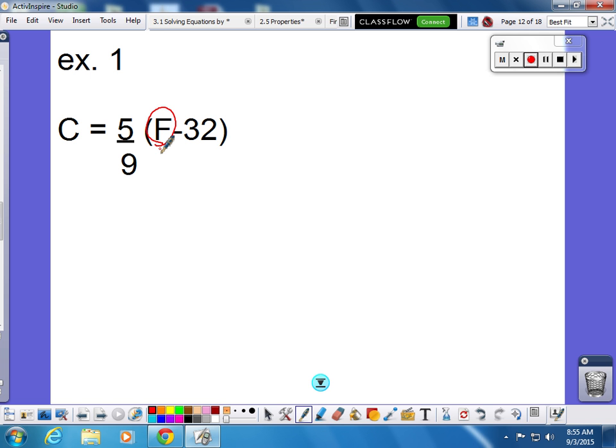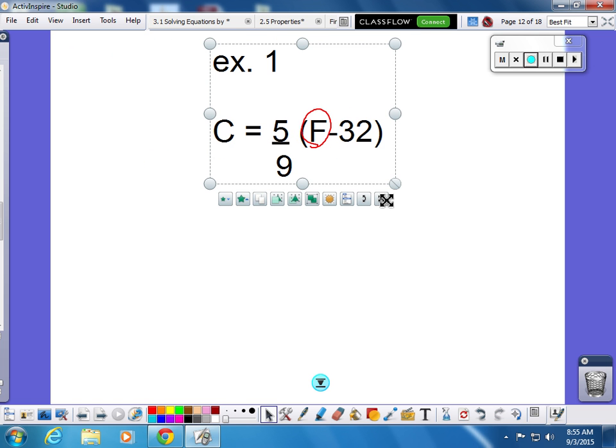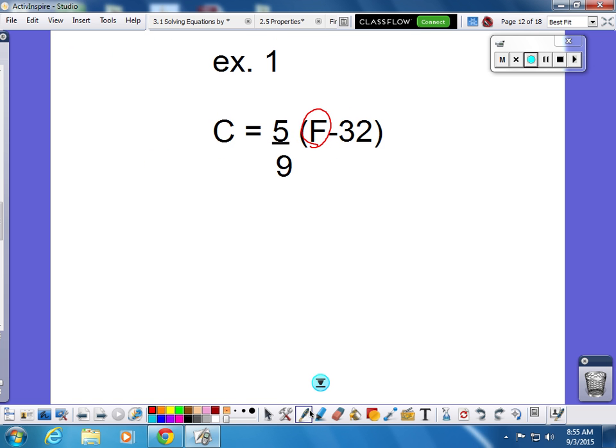But in order to isolate F, probably the easiest thing to do, since this is distributive property, let's just get rid of that 5/9ths. What can I multiply by both sides to get rid of the 5/9ths? Its reciprocal, 9/5.